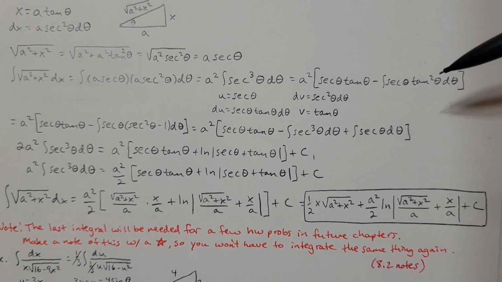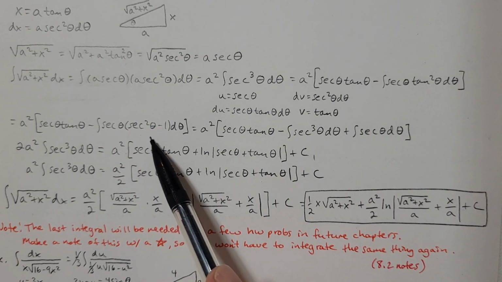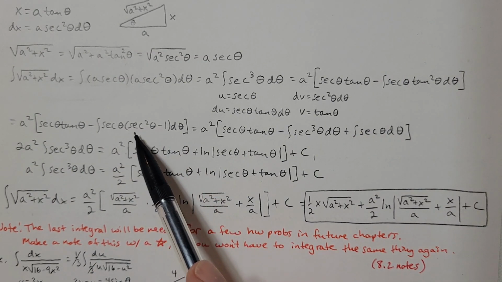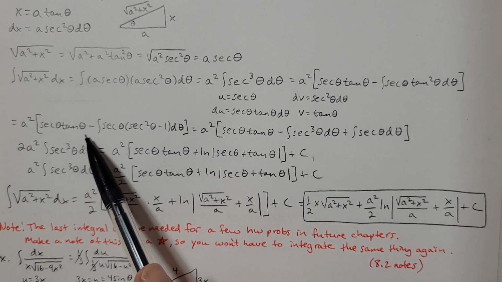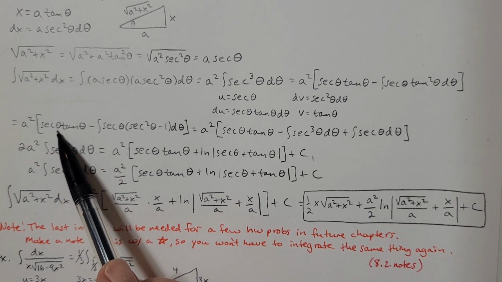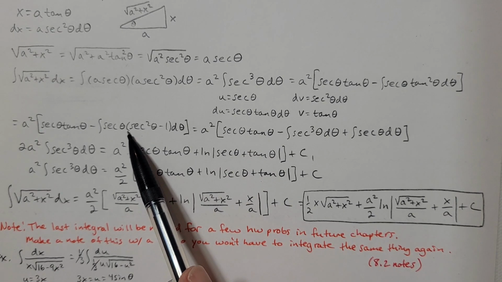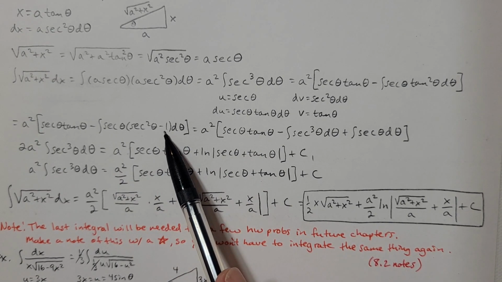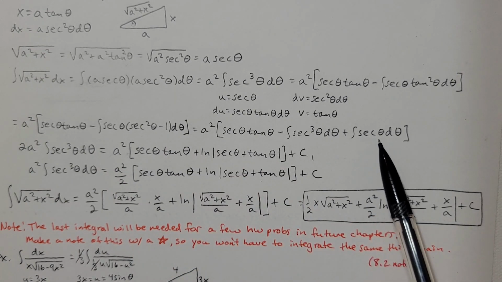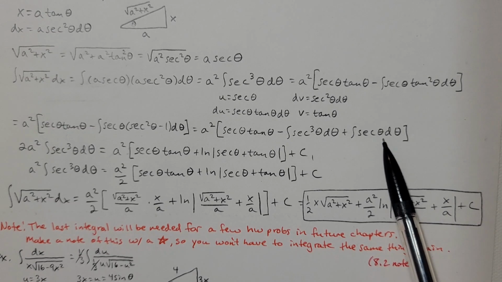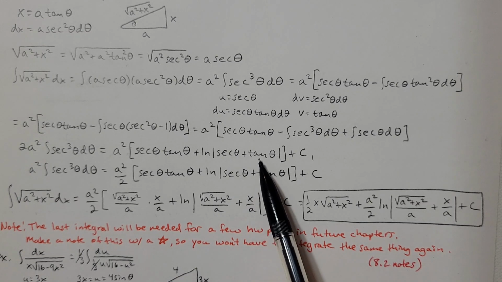Then if I break this integral apart into two integrals, I've got a squared times secant theta times tangent theta minus the integral of secant cubed theta, and then plus, negative times negative is positive, the integral of secant theta d theta. The antiderivative of secant theta is, again, the ln of the absolute value of secant theta plus tangent theta.